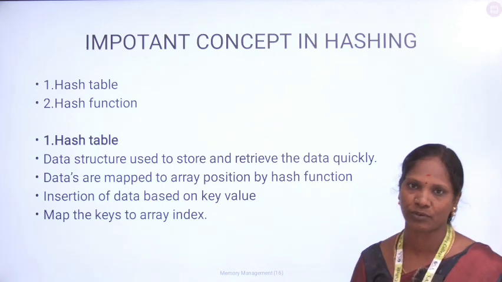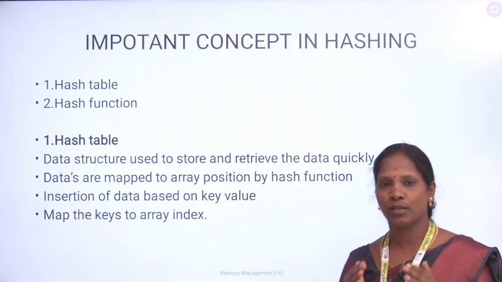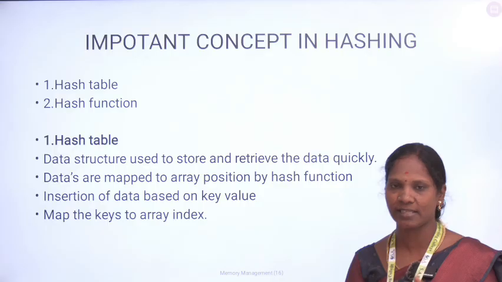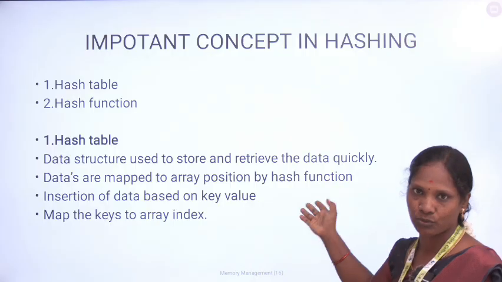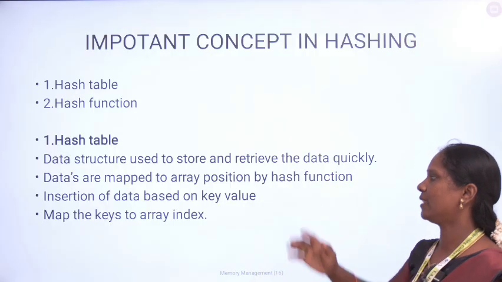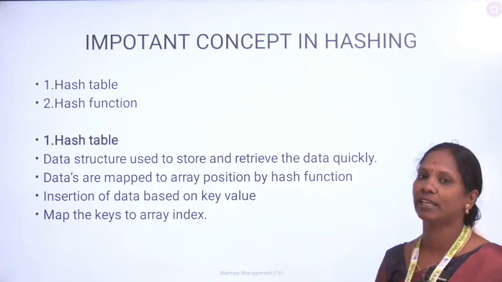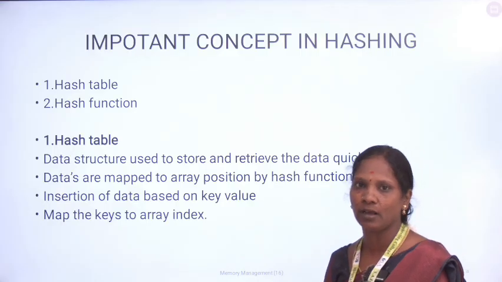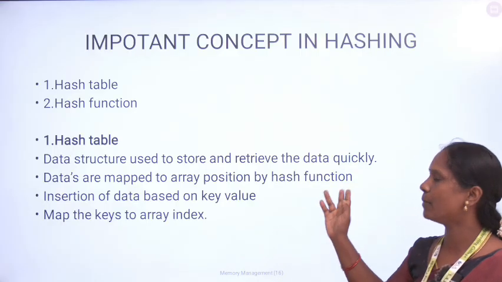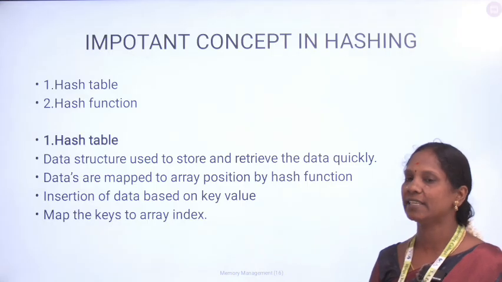Array positions we already know: an array is stored in the size of the array, and the beginning value is the index value. That index value should be stored in the array size. Then insertion of data is based on the key value. To insert a value in the table, each and every data should be stored by key based value, and then the keys are mapped to the array index.